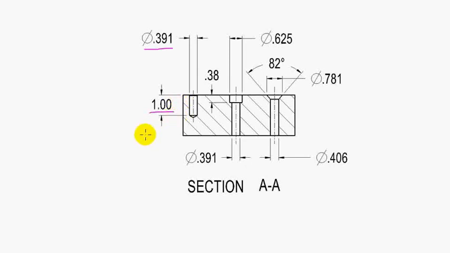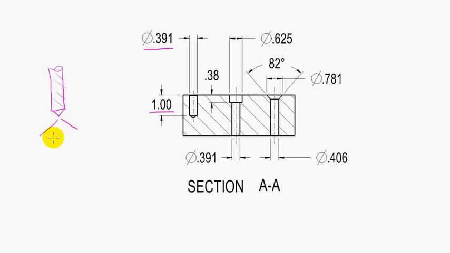Now you'll see what looks to be a drill point. A standard drill, or a twist drill as it's called, looks like this. It has a point on it, and it typically has flutes. That point can vary.